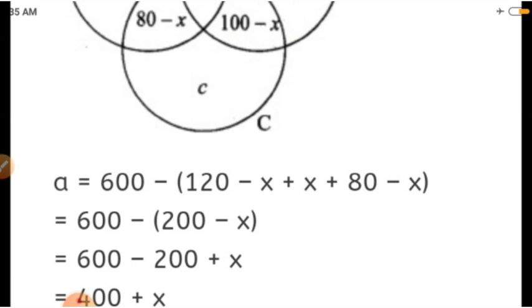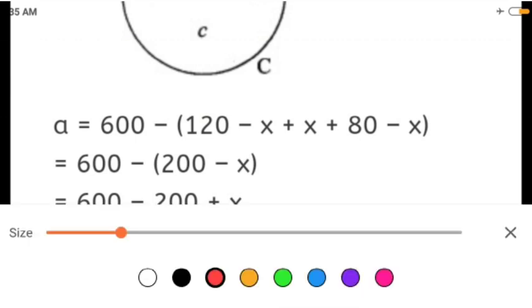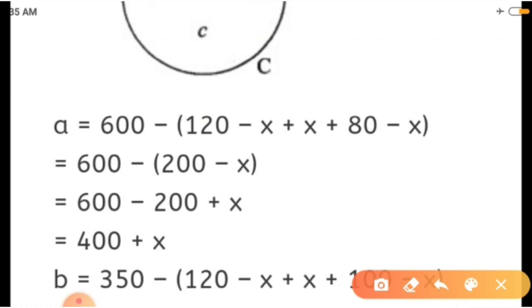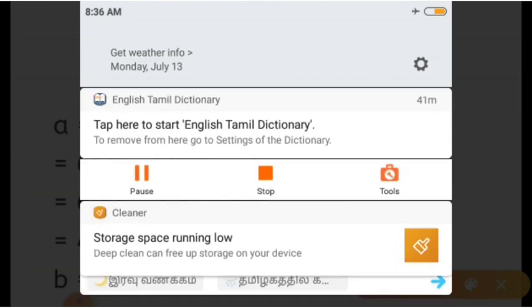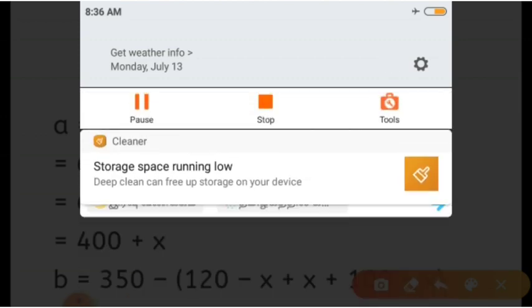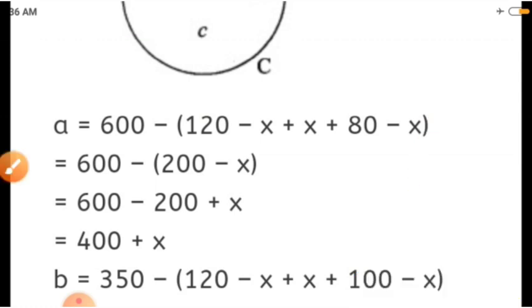That is equal to 600 minus 200 plus x, that is equal to 400 plus x.